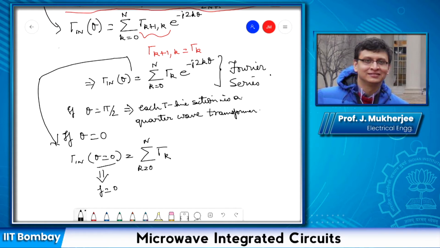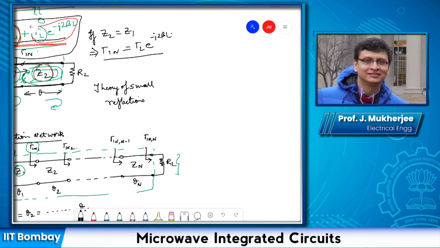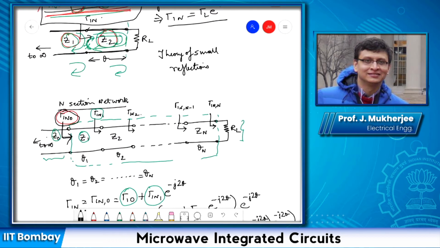So if we go back to our multi-section transformer, what does theta equal to 0 mean? It means that all of these transmission line elements have 0 length, 0 electrical length.